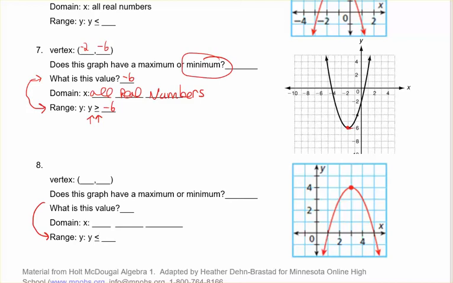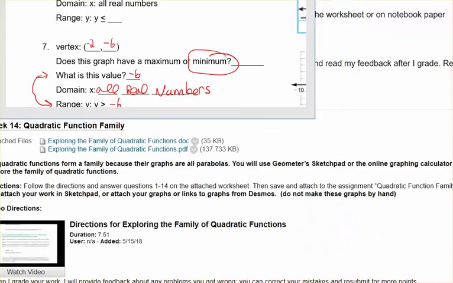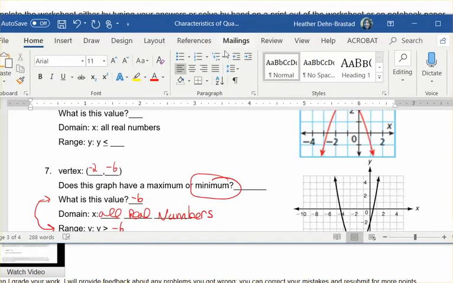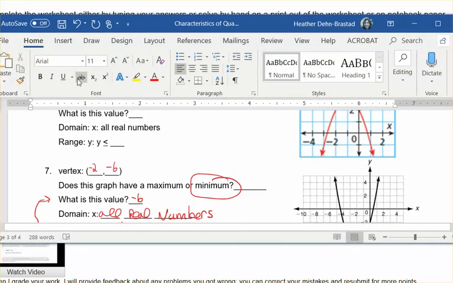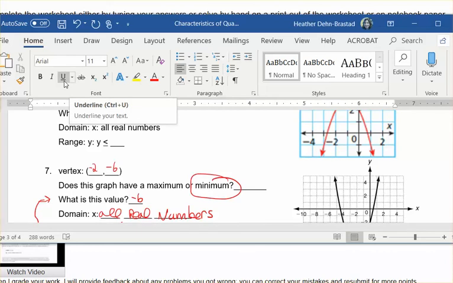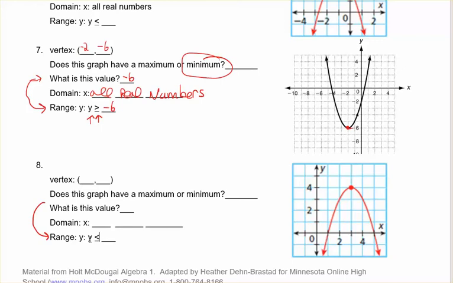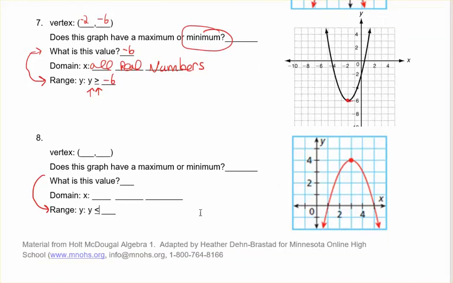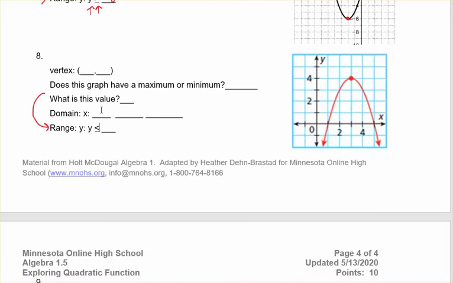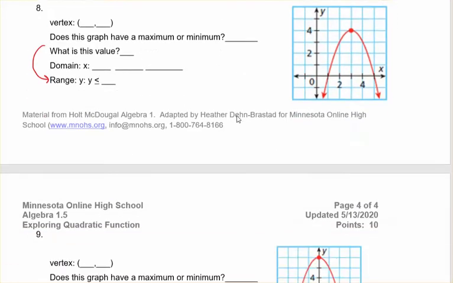Let's see if I can move this over to show you what the underline tools look like. The underline tool is in the formatting tools at the top of your Word document. This means to underline. So you press this, and then you do your symbol, and then you press it again to turn off underlining. And then you put the value of the maximum, whatever you got for what is this maximum value.